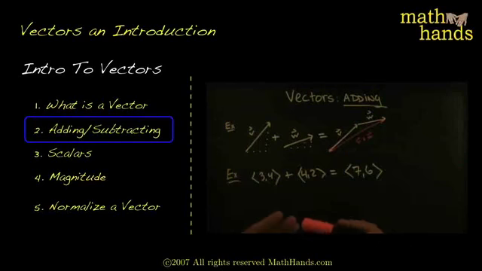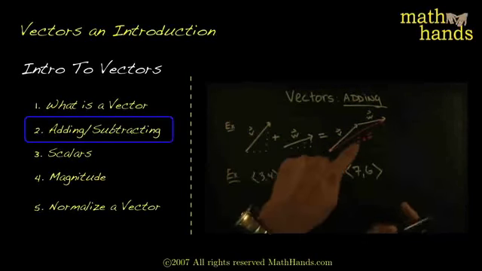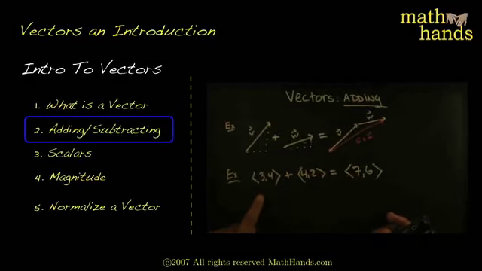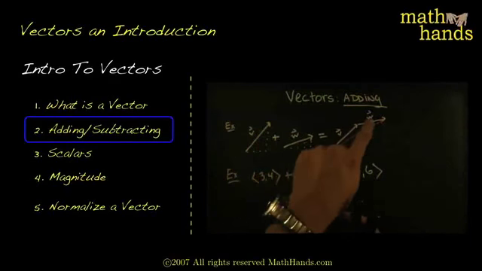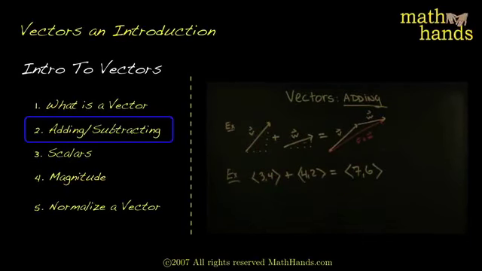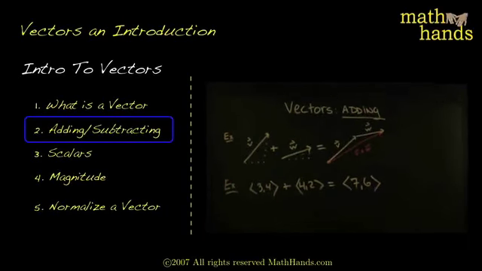Well, maybe my picture is not perfect, but you get the point. The picture should match the algebra here. Two different ways of adding vectors, using pictures, tip to tail, or using the actual sums. Okay, let's pause this for a second and come back and do some subtraction.